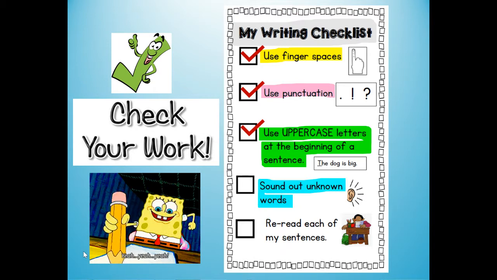And when you came to a word you didn't know how to spell, did you sound out unknown words and write those sounds? And be sure, my favorite is to go back and reread each of your 3 sentences. Make sure they make sense. And if they don't, make sure you add or take away words so that your sentences make sense.